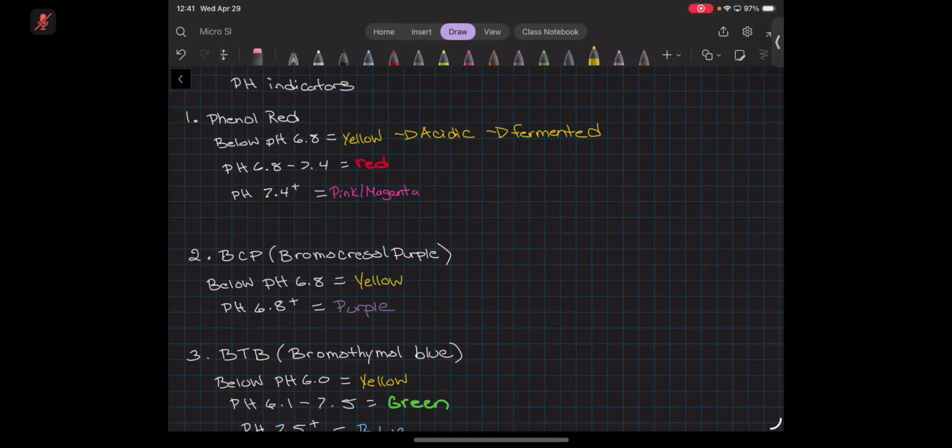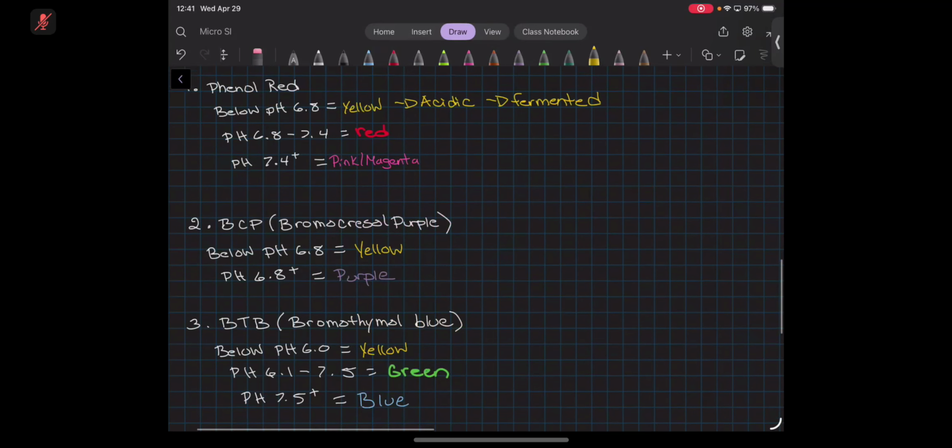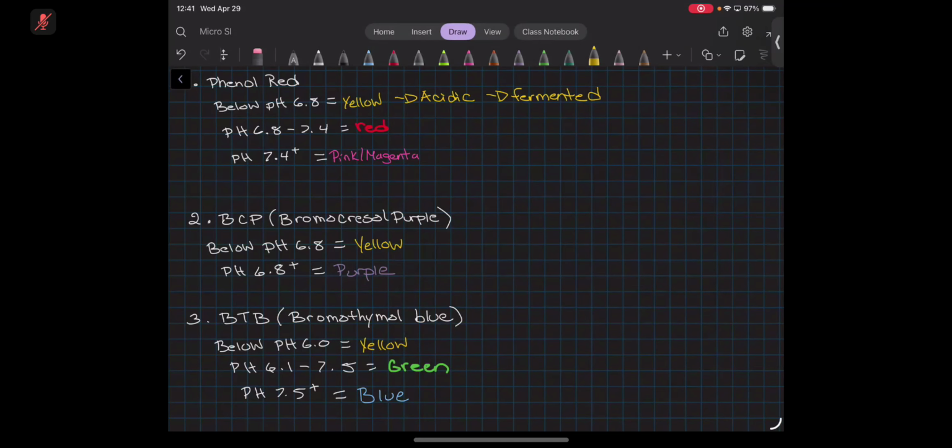Because the pH is below 6.8, it's yellow. What did it start as? What is the control? I think it's red because it's phenol red. And then if it turns yellow, that means that it's acidic, so that means it fermented. This one's purple and this one's blue.